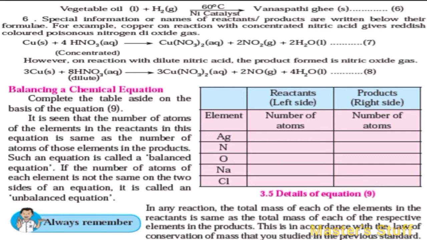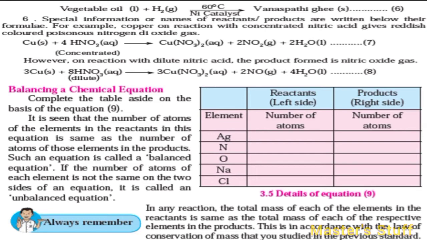Here, below HNO3, (concentrated) is written. This indicates that during this reaction copper is reacted with concentrated nitric acid.